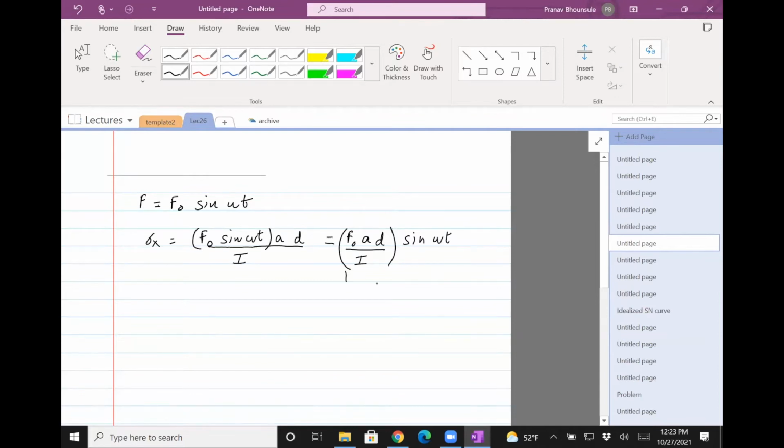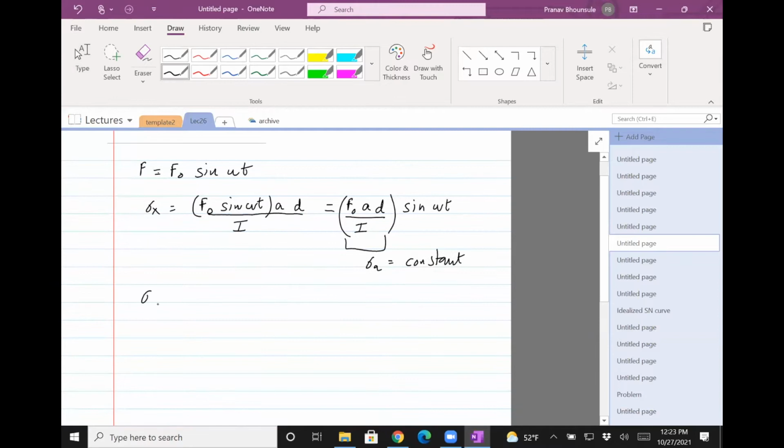Let's assume that this is sigma a, which is a constant. And so we have now recovered a stress, which is sigma a sine omega t. So we are able to generate a sinusoid loading by simply changing F to be a sinusoid. So that's the test specimen, and how the loading is done.